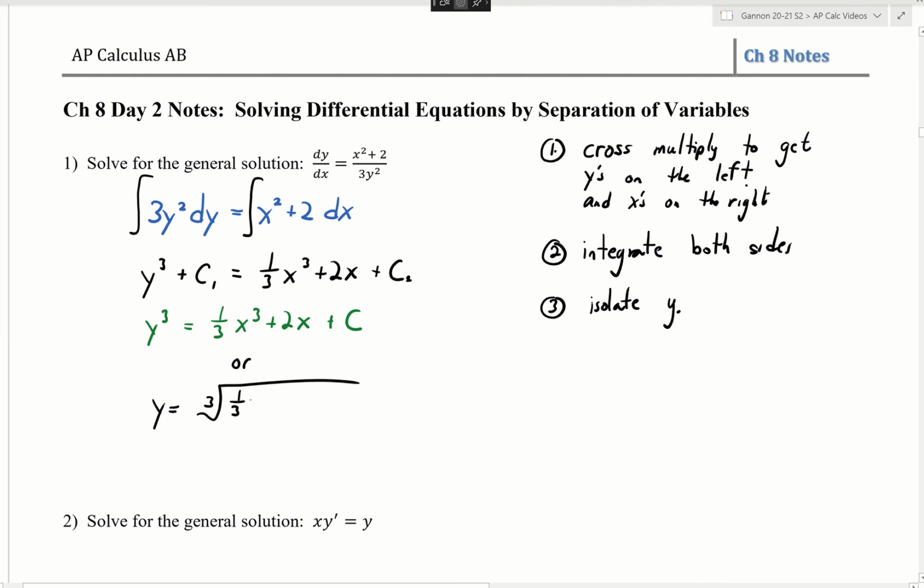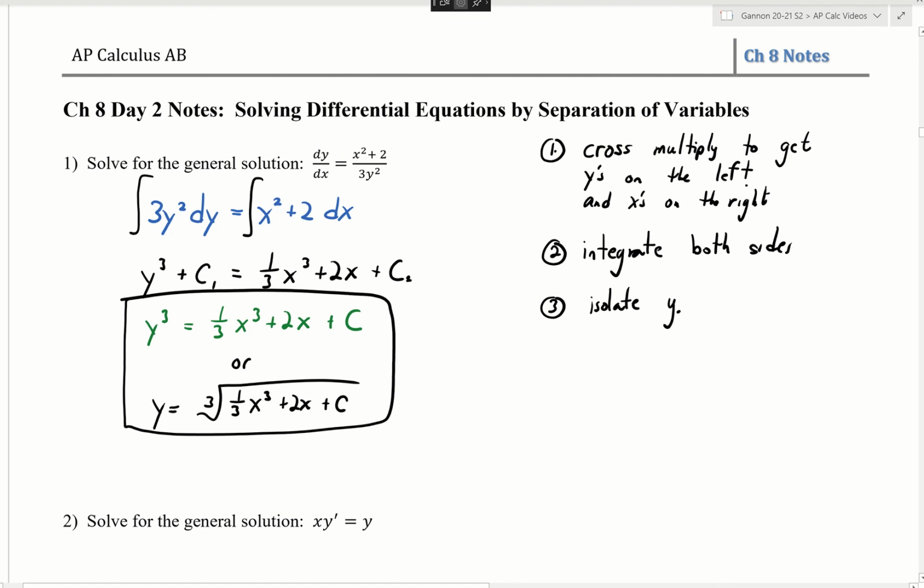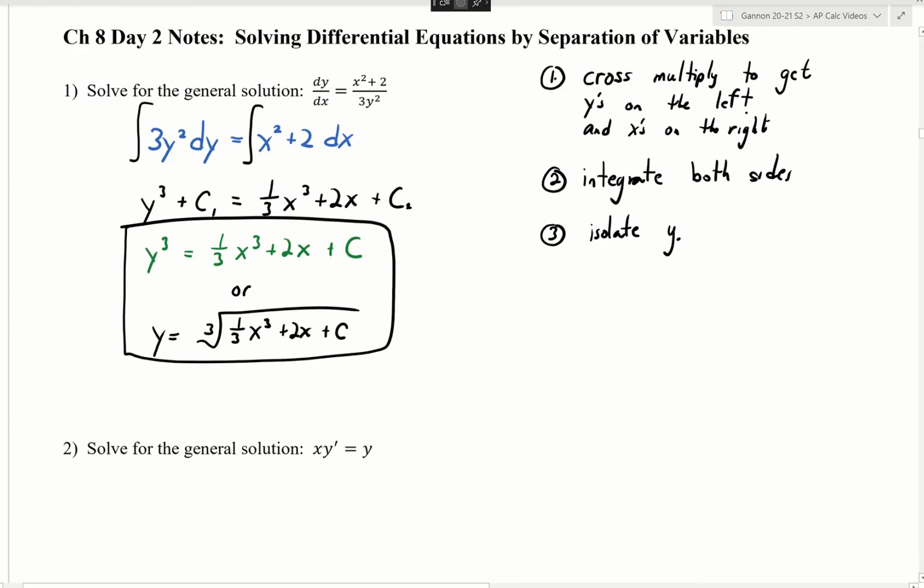So the cube root of 1/3 x cubed plus 2x plus c. Now, there are possibly times when you'll see it left as y cubed equals, but really when we're looking for that general solution, we want y to be by itself. So we want to cube root both sides. All right, and that's how we are going to solve these differential equations using separation of variables.